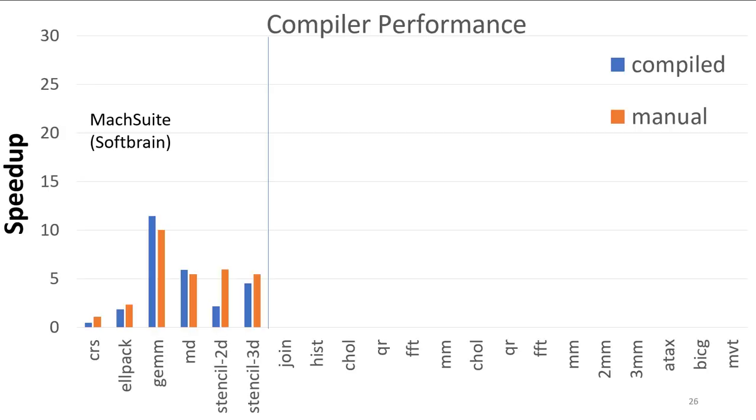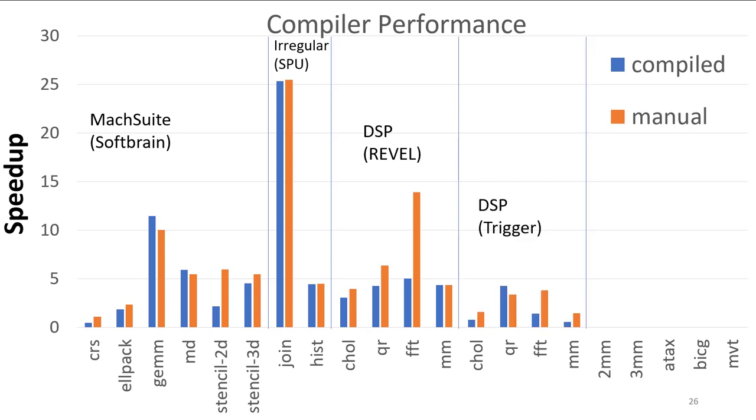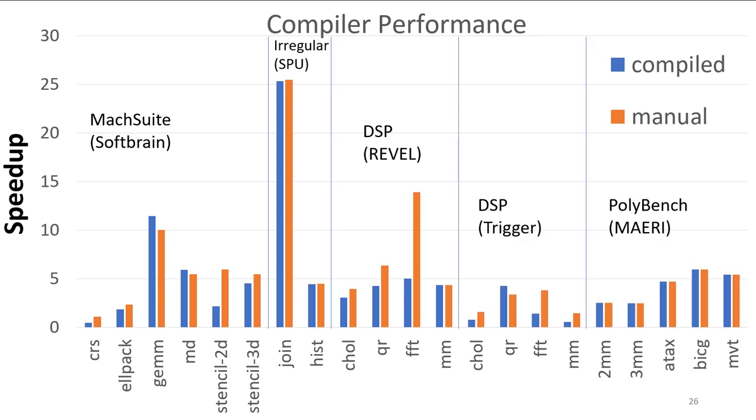The x-axis shows the workloads and the y-axis is the speedup over an x86 CPU with GCC -O3 enabled. Our compiler is able to get 80% of the performance of the manually tuned version, as it performs most of the important optimizations like decoupling memory and computation, vectorization, data-dependent control flow transformation, and inter-region concurrency optimization.